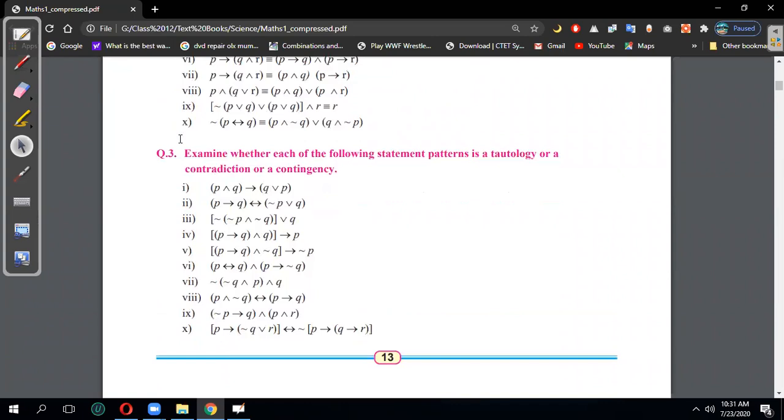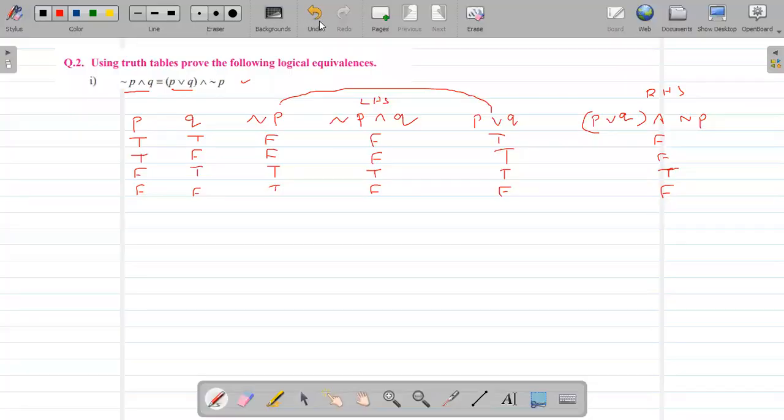Okay, the last part, question number 3. Since we have only 4 minutes left, we can still do all these questions in just one statement. Let me show you how we can perform this.